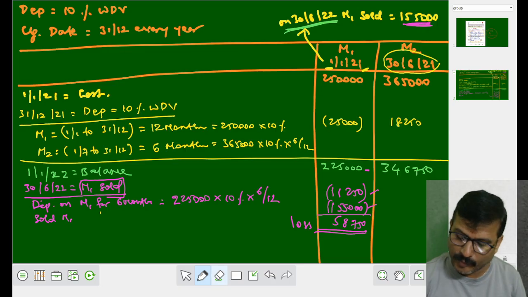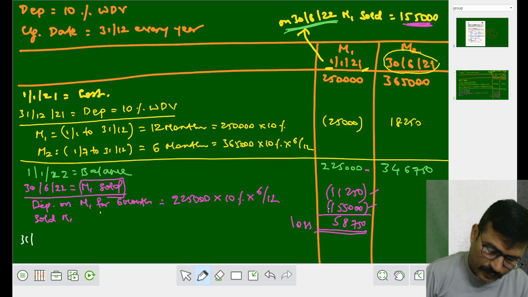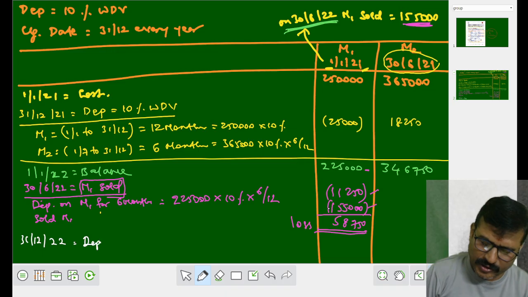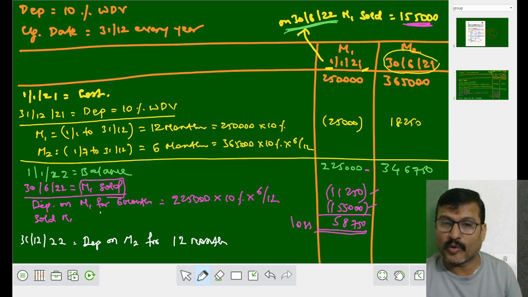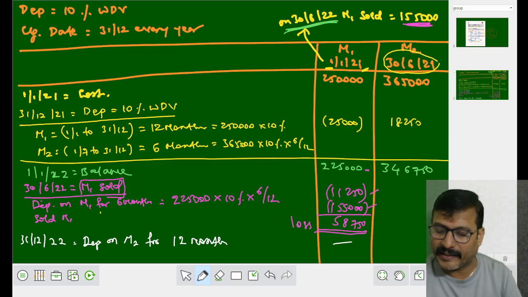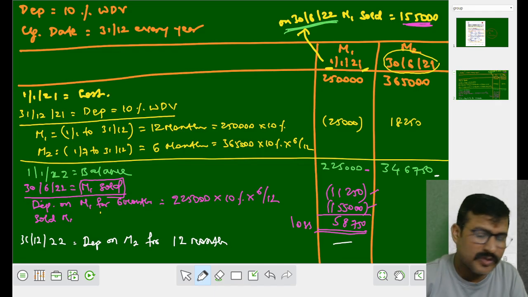Now you have the M2 machine with you, right? On the M2 machine, what we have to do? On 31st December 22, we have to charge depreciation on M2 for 12 months. Right? M2 is your old machine. Take the calculator, 3,46,750 into 10% into 12 by 12 means 1 year.